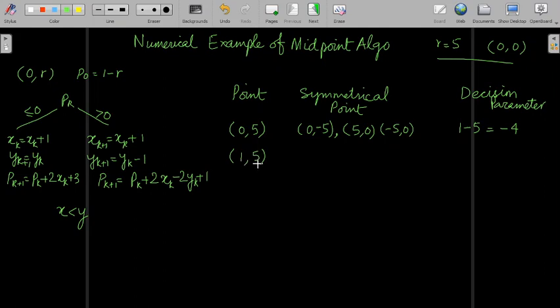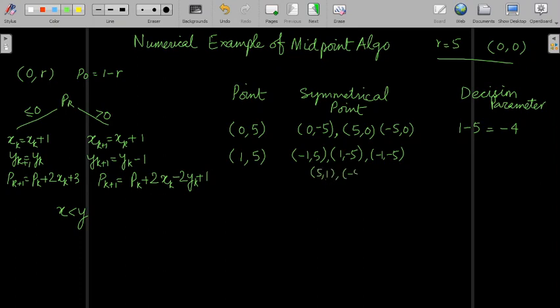So the next point you get is 1, 5. And the points out of symmetry will be minus 1, 5. Then you have 1, minus 5. You have minus 1, minus 5. Then you can get, after swapping the coordinates, 5, 1.